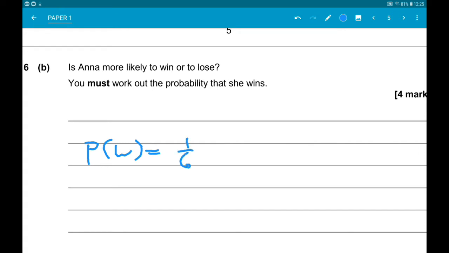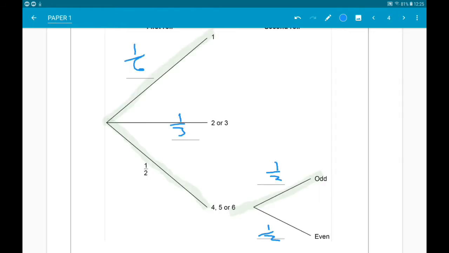Now, because there is another way she can win, we're going to add on the probability of this other way. Now, the other way that she wins, probability-wise, is going to be 1/2 times 1/2.